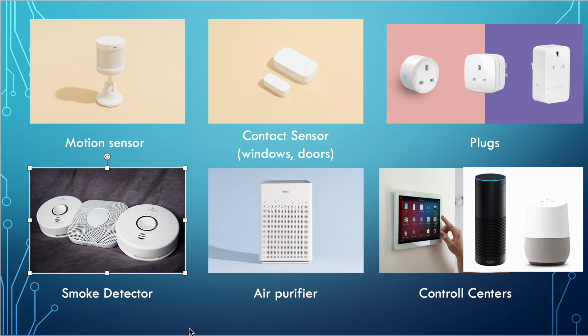If it's a fire, that means the heat is high, and that can be detected. These things can detect the harmfulness of the smoke that is being emitted, and so on.